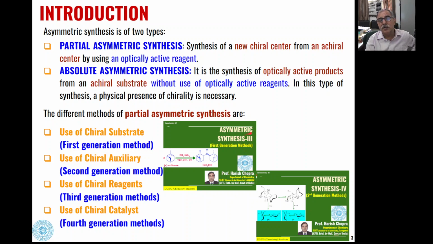And in our third lecture we have described the different types of first generation methods where chiral substrate is used for the asymmetric synthesis, whereas in the fourth lecture we have discussed some of the methods where we use chiral auxiliary for the asymmetric synthesis.